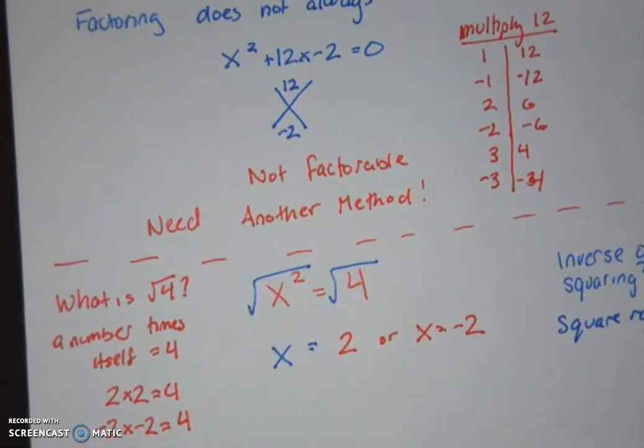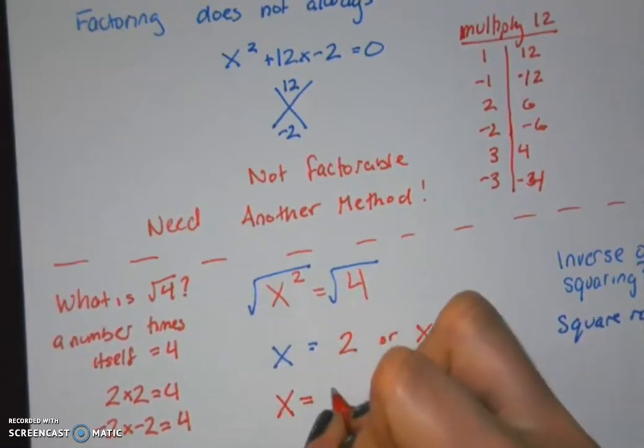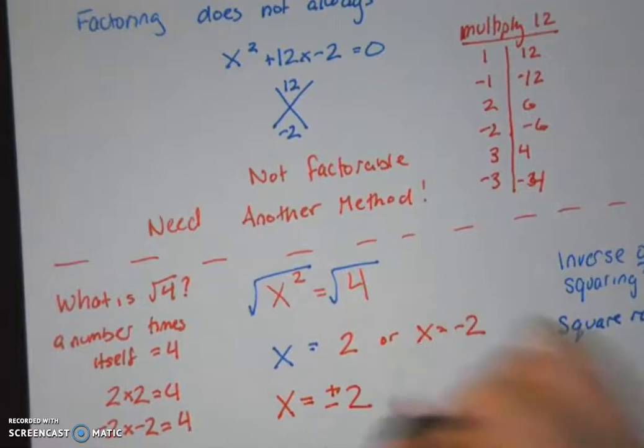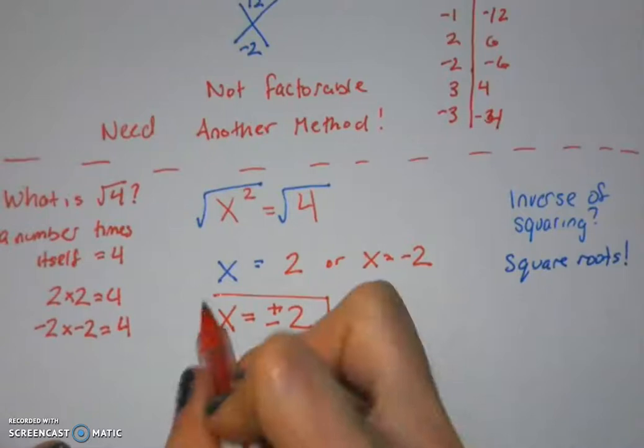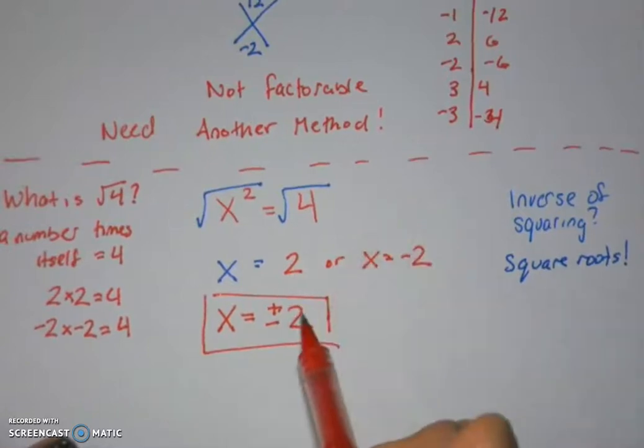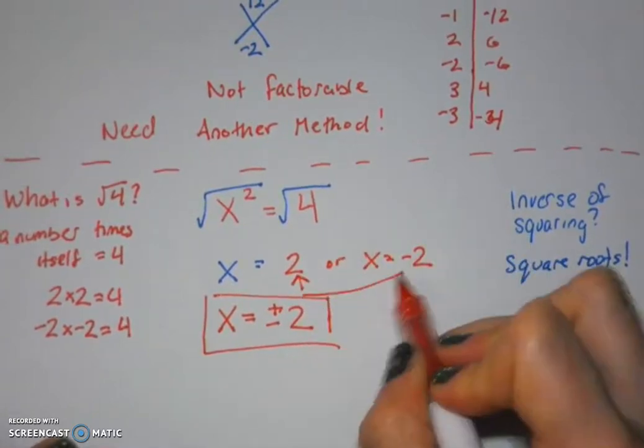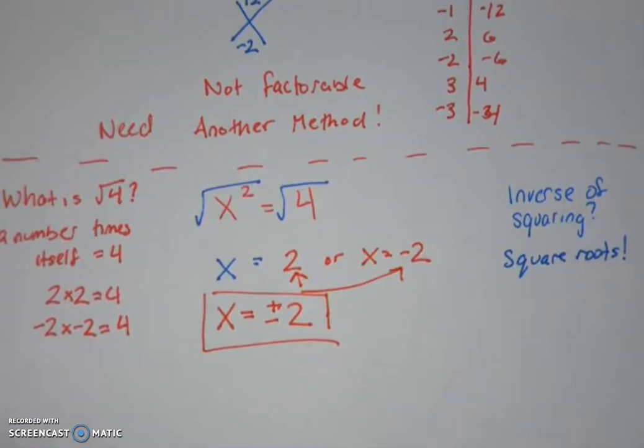Now to make that easier for us, instead of having to write out this every time, we could say x equals plus or minus 2. This plus or minus is actually two numbers. It's this number right here and this number as well. But mathematicians make it a little more efficient.